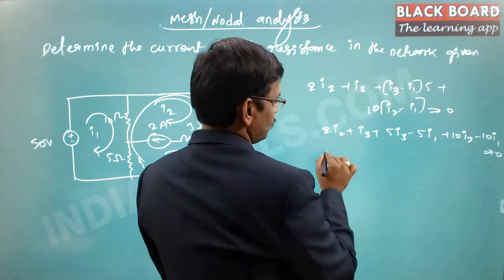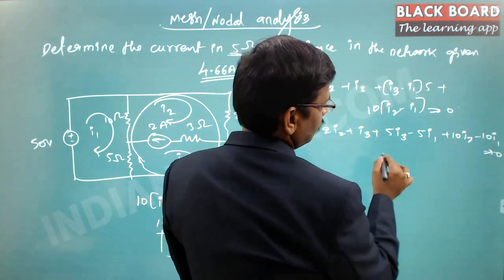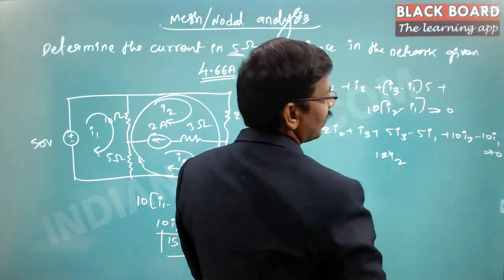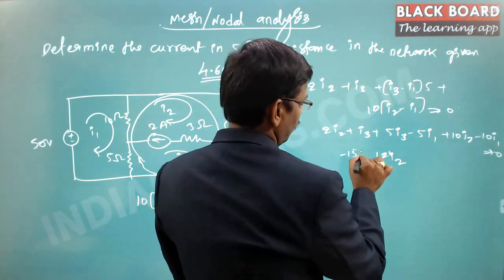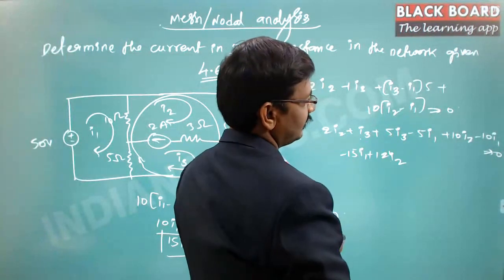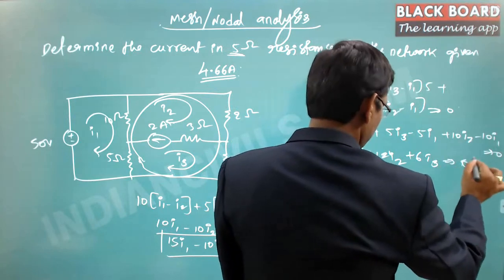This can be written as 2 I2 and 10 I2, so 12 I2, minus 5 I1 minus 10 I1, so minus 15 I1, plus 1 I3 and 5 I3, so 6 I3 equal to 0. So this is equation number 2.